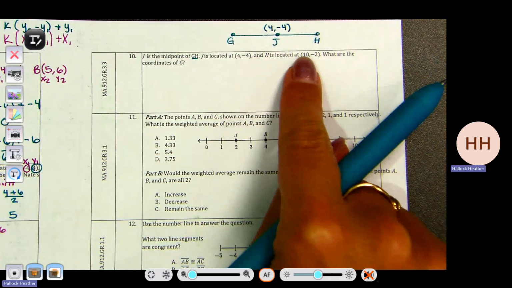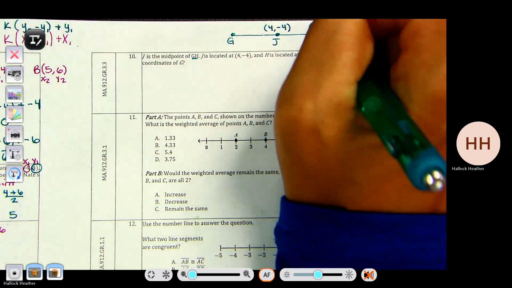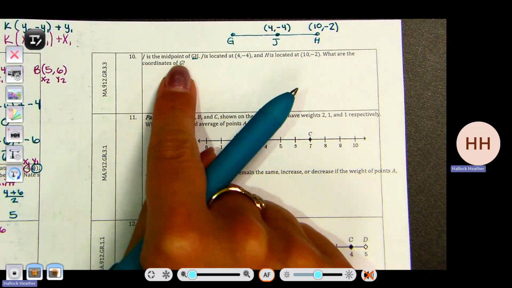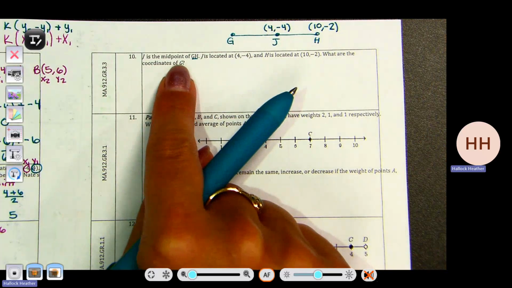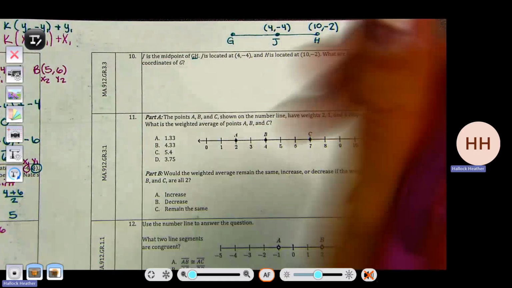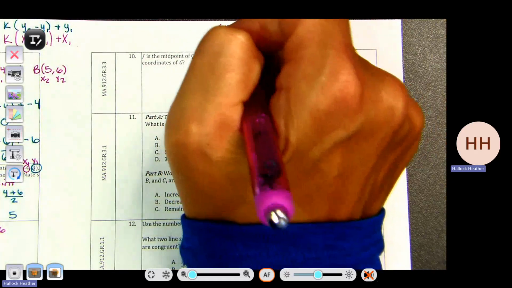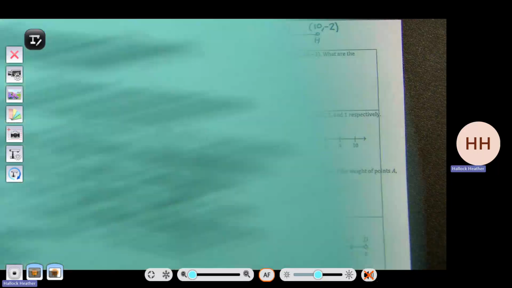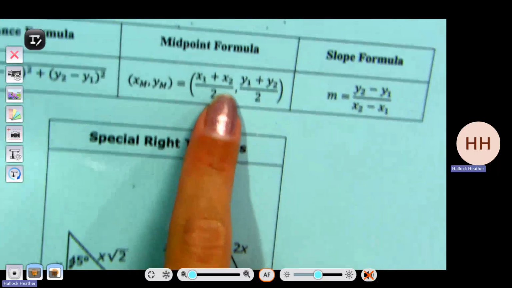H is located at 10, -2. What are the coordinates of G? So what we need to do is figure out where G is at. That's going to be my X and my Y. We're technically using the midpoint formula, but in a weird way. So this is like the harder midpoint problem.